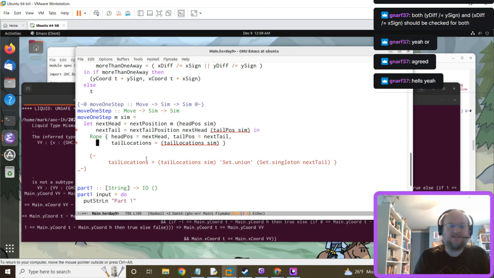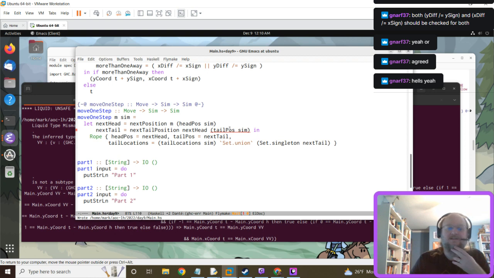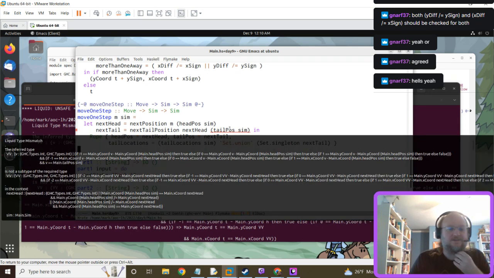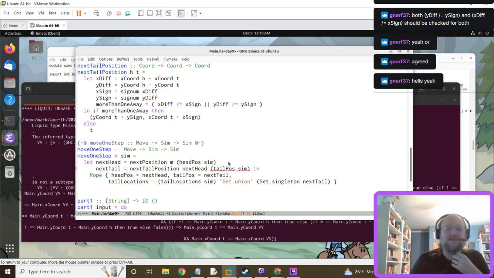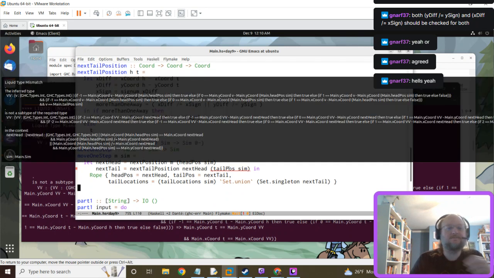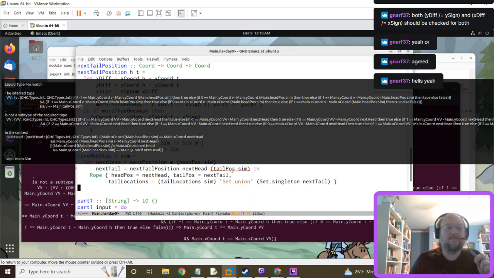But it's given us problems up above. So it doesn't believe that the tail position is within 2. Which should just be a matter of math.